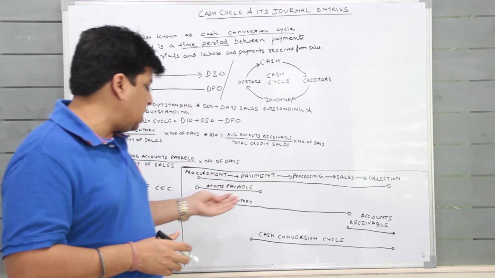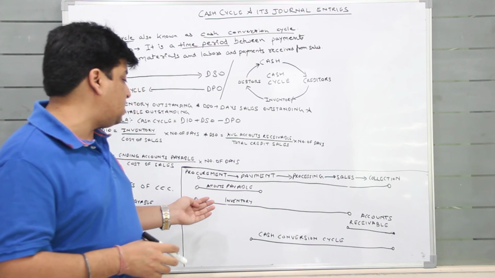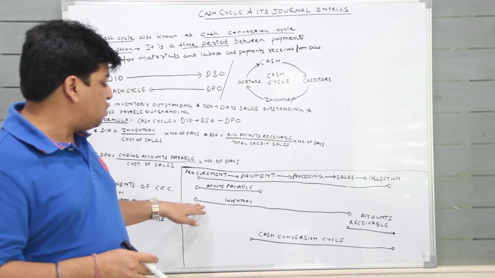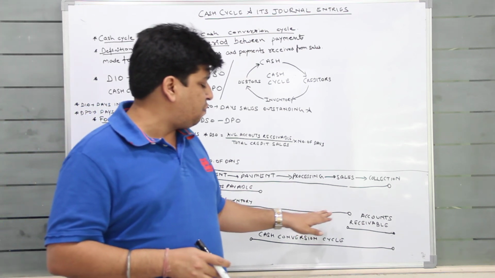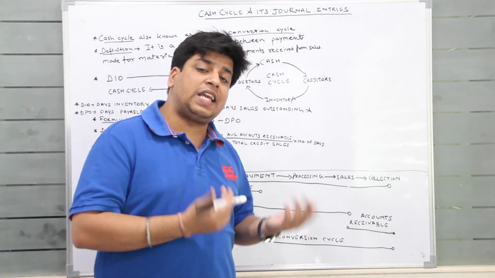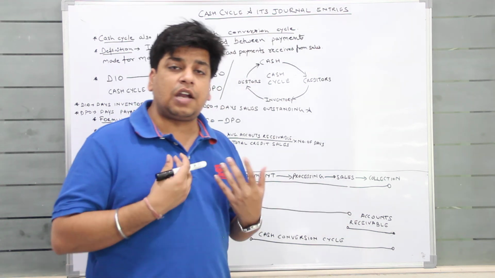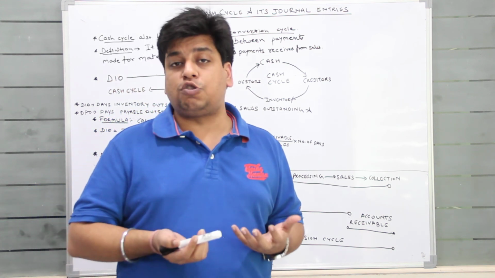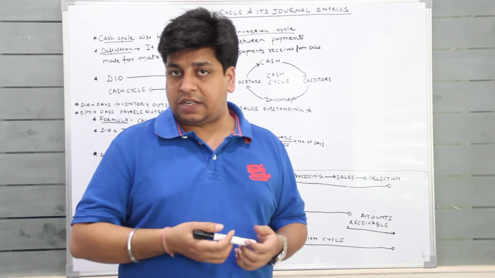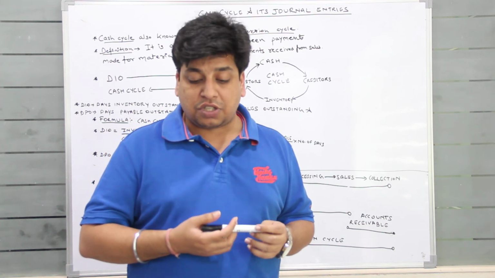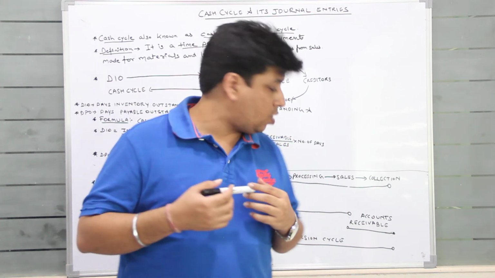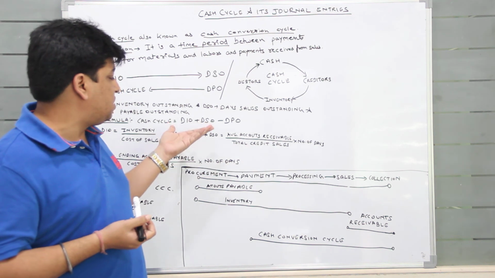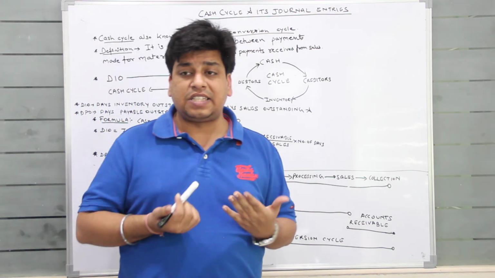That means it takes on an average 91 days to convert raw materials into finished goods and then sell those finished goods. It takes our entity 91 days on an average. So that would be your DIO, that is days inventory outstanding. Now let's go ahead and see what is DSO, days sales outstanding.